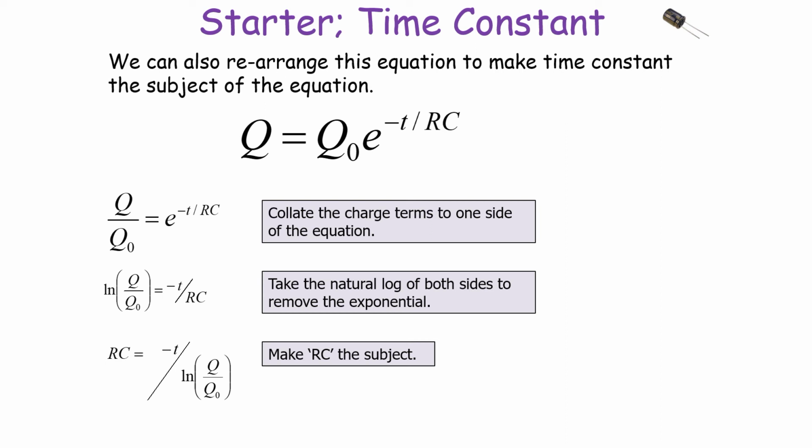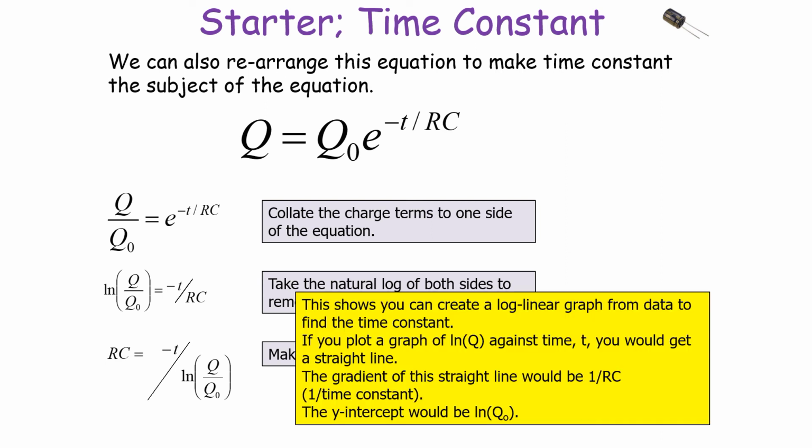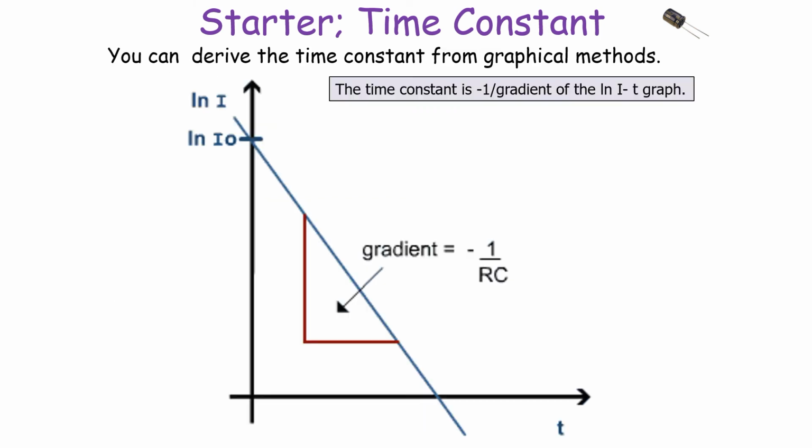We can collate our terms and make RC the subject, and what this tells us is if we plot a log linear graph to find the time constant, if you plotted log Q against t, or log V against t, or log I against t, you will get a straight line graph because it's an exponential, and the gradient of this straight line will be minus 1 over RC, or minus 1 over the time constant, whilst our y-intercept will be log Q0 or log I0 or log V0.